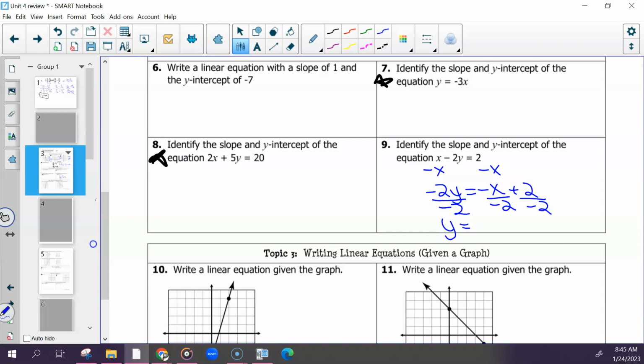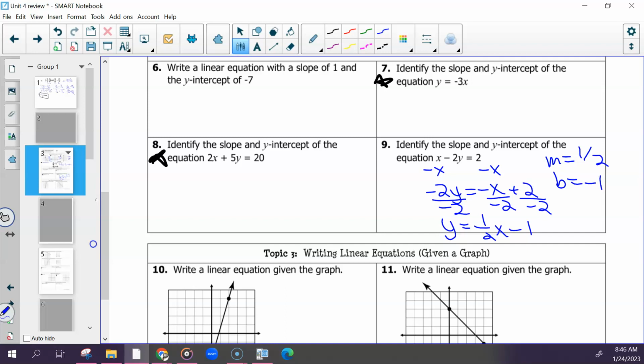So y equals, this would become positive 1 over 2 x minus 1. What is your slope? What is your y-intercept in that problem? Landon? The y-intercept is negative 1 and the slope is 1 over 2. Right. Remember that slope's variable is m, the y-intercept's variable is b.